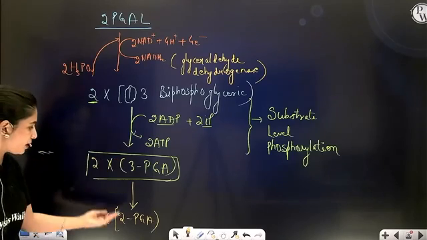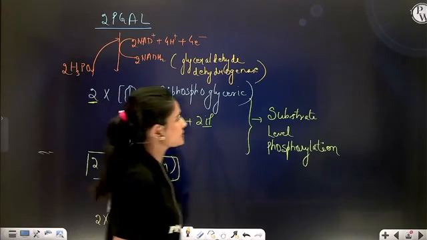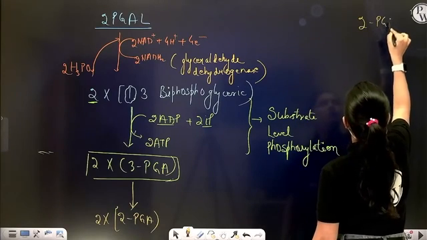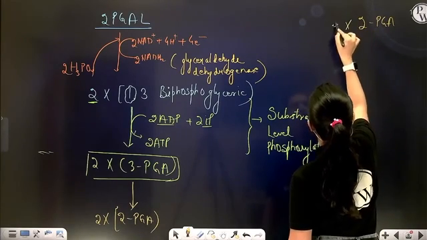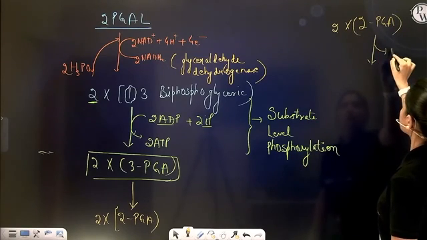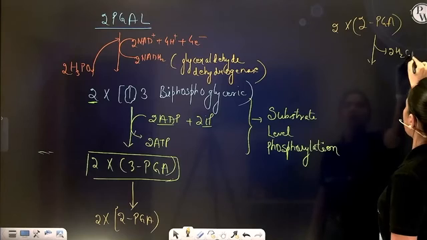Right? So now you have obtained 2 molecules of phosphoglyceric acid. Now these 2 molecules of phosphoglyceric acid will undergo dehydration in the presence of the enzyme enolase.